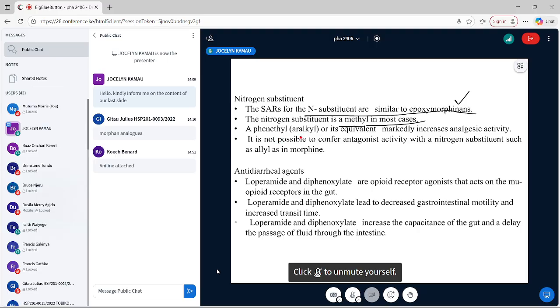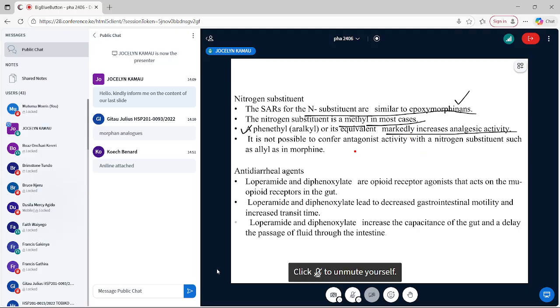A phenethyl group or its equivalent markedly increases analgesic activity, and we have seen that group in anileridine, and also in the anilidopiperidines. Quite a number of them have that group. Fentanyl has that group, and the purpose of that group is to interact with the accessory site and therefore increase the affinity or the analgesic activity of this compound.